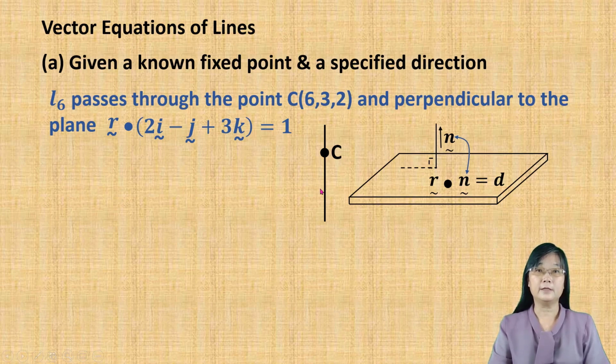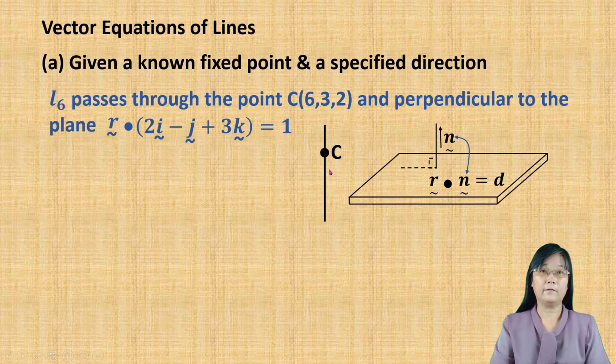Since the straight line is also perpendicular to the plane, the normal vector is parallel to the straight line. So we can use the normal vector as the direction vector of the straight line. In this question, we can see that the normal vector is 2i minus j plus 3k.